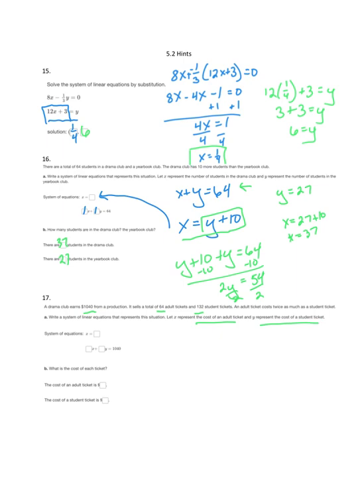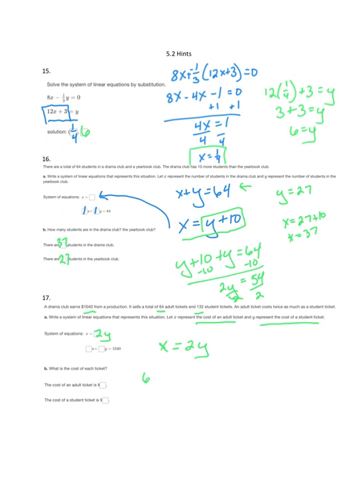So if x is the cost of an adult ticket, and an adult ticket costs twice as much as a student ticket, then x is the same as 2 times y. So that's our first equation here, x equals 2y. Then we know that we sold 64 adult tickets.